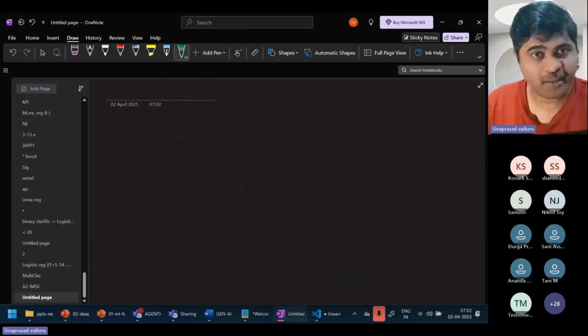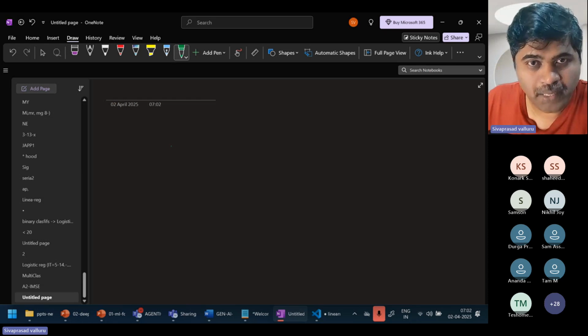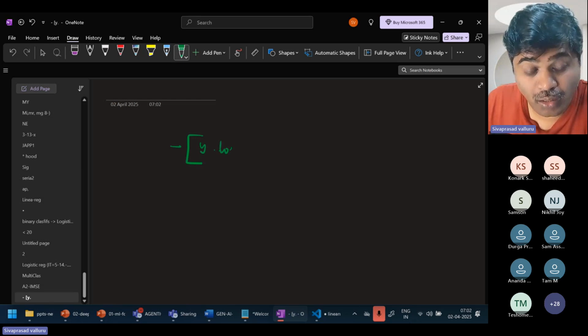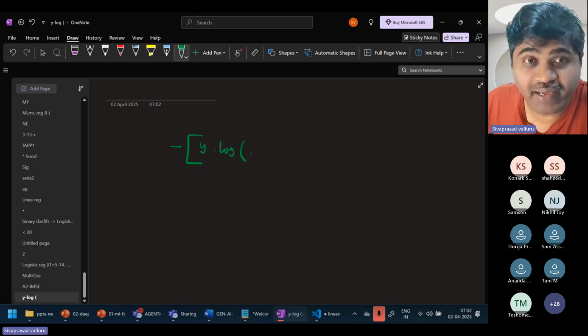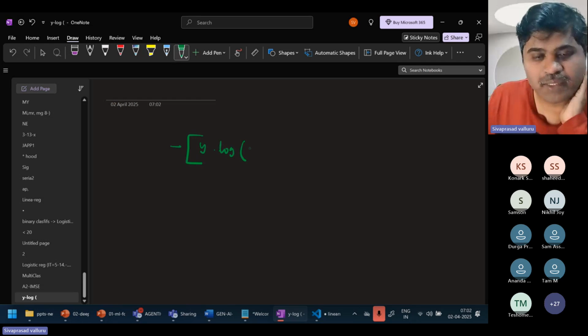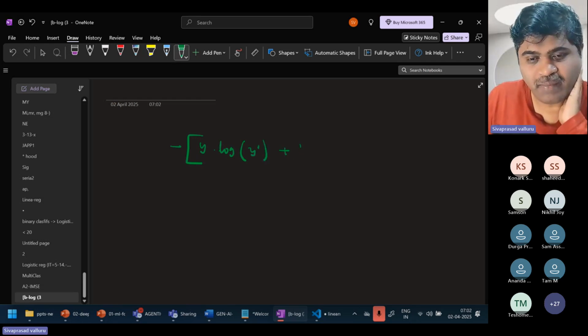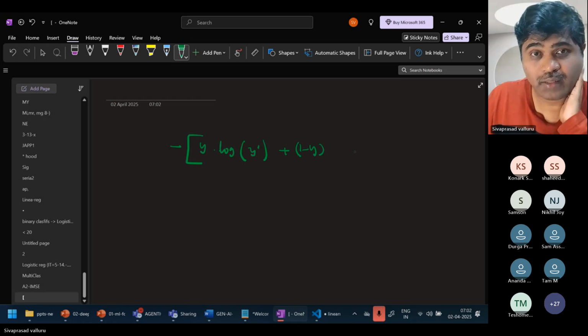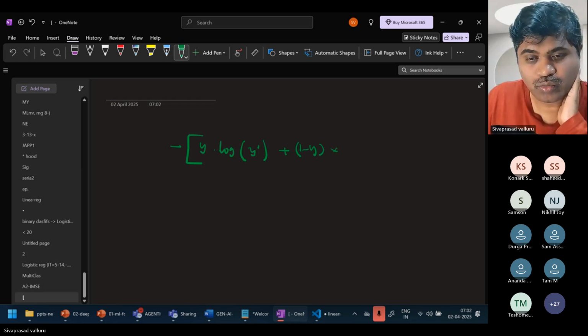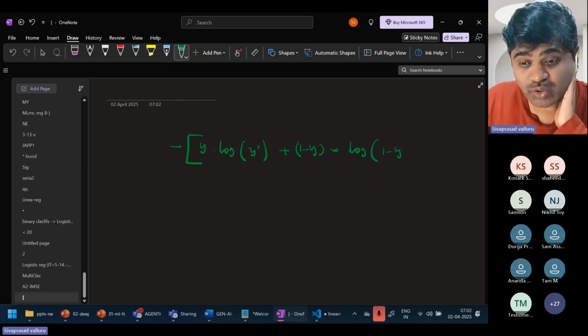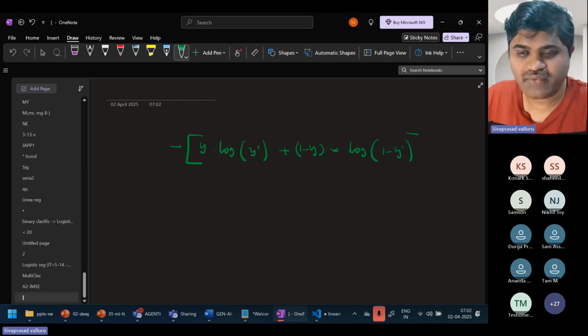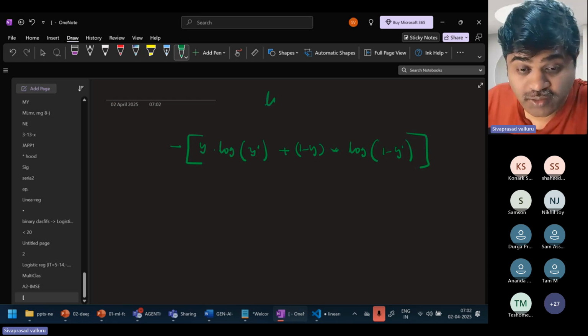It is minus of Y into log of the predicted value. Predicted value means Y dash, plus 1 minus Y into log of 1 minus Y dash.